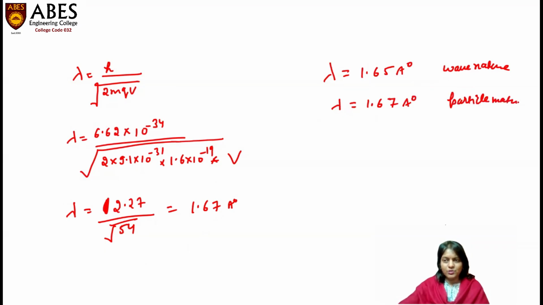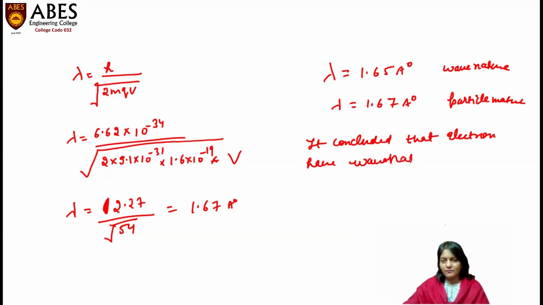It is almost similar, and it is concluded that the electron possesses wave nature as well as particle nature.